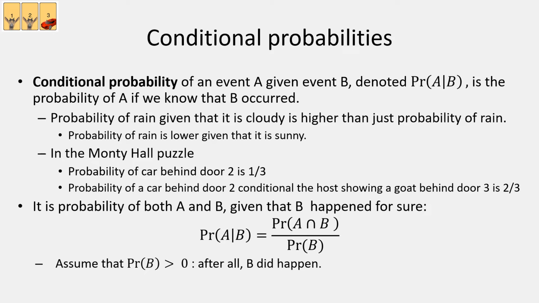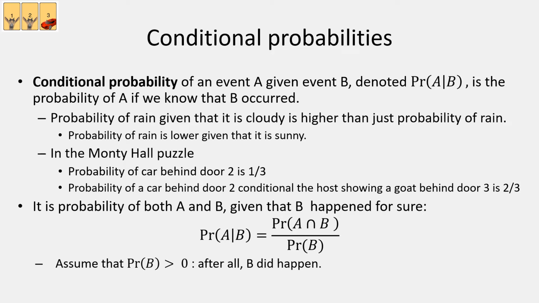And similarly, in the Monty puzzle, the probability of a car behind any door, let's say door 2, is 1/3, but the probability of a car behind door 2 conditional on the host showing the goat behind door 3 is 2/3. And by the way, it's not just conditional on there being a goat behind door 3. It's also conditional on the host choosing to tell you that there is a goat.